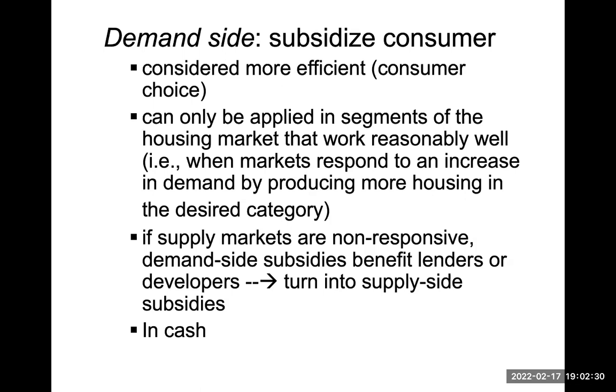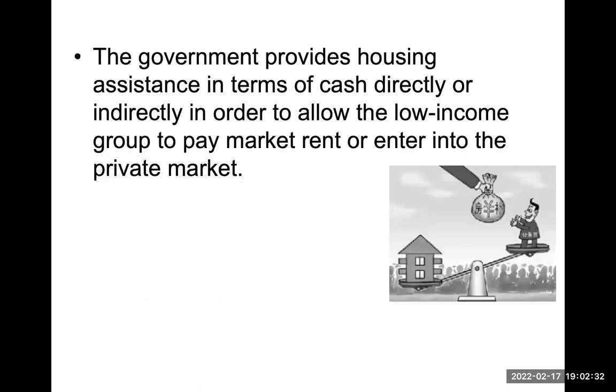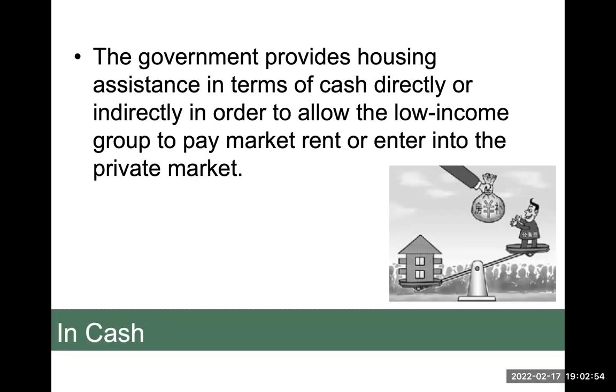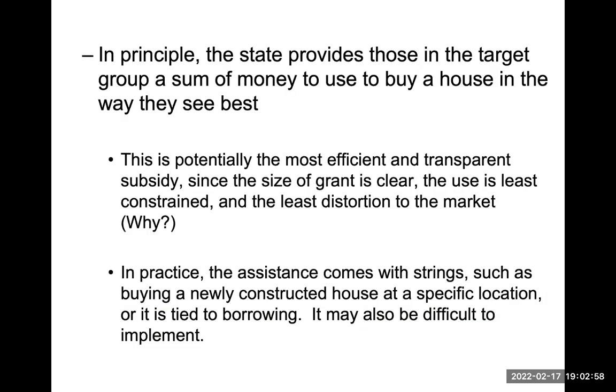And so this is what we say is the demand side. The government would provide housing assistance in terms of cash, directly or indirectly, in order to allow the lower income group to pay the market rent or enter into the private market. So this is what the government usually exercises in cash.